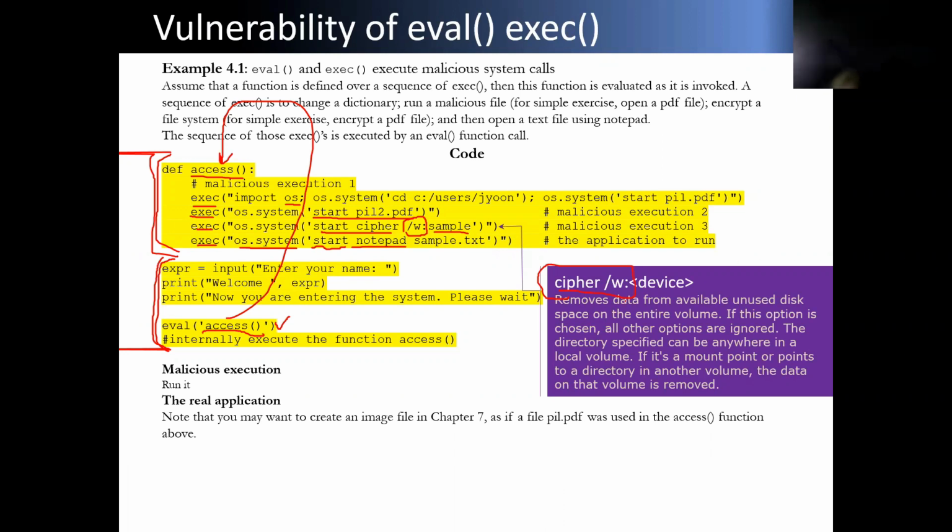Remove data from available unused disk space on the entire volume. If this option is chosen, all other options are ignored. The directory specified can be anywhere in the local volume. If it is a mount point or points to a directory in another volume, the data on that volume is permanently removed. That's what it is, right?